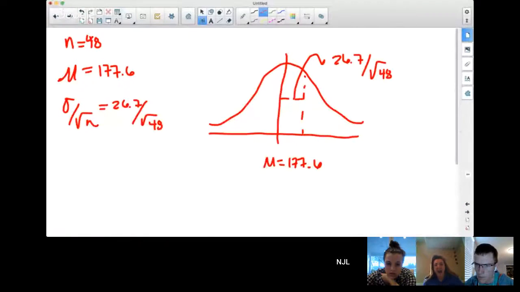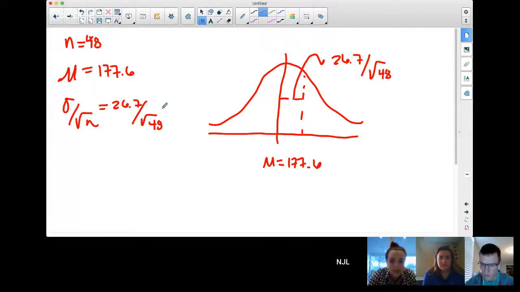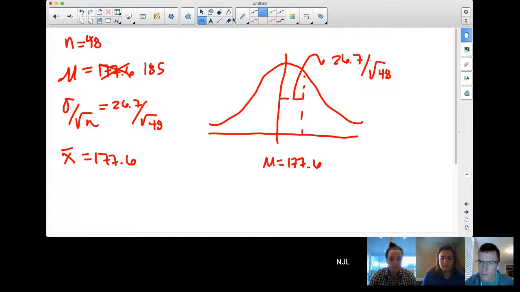So now that I have that, then it asks, so the sample mean was determined. Oh no, the sample mean was determined at 177.6. What was the 185? 185 is the mean weight of passengers. Okay, so this is 185. X bar is 177.6.